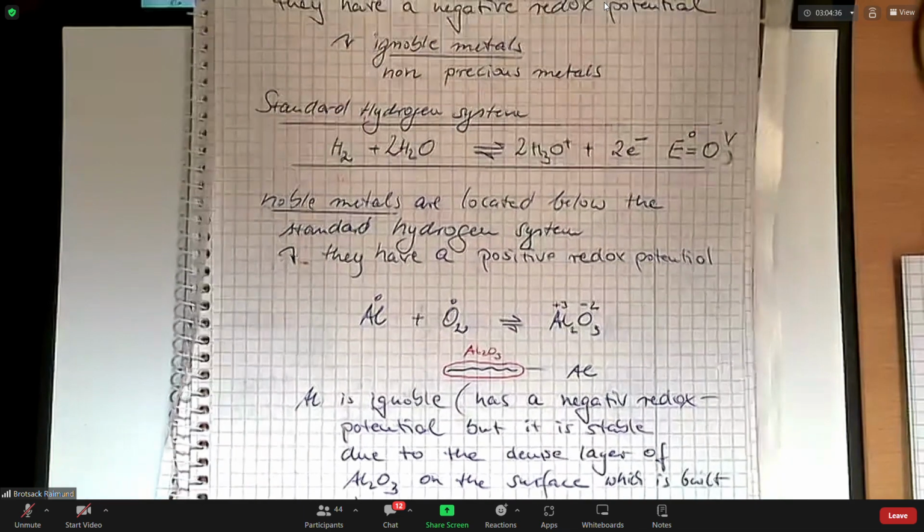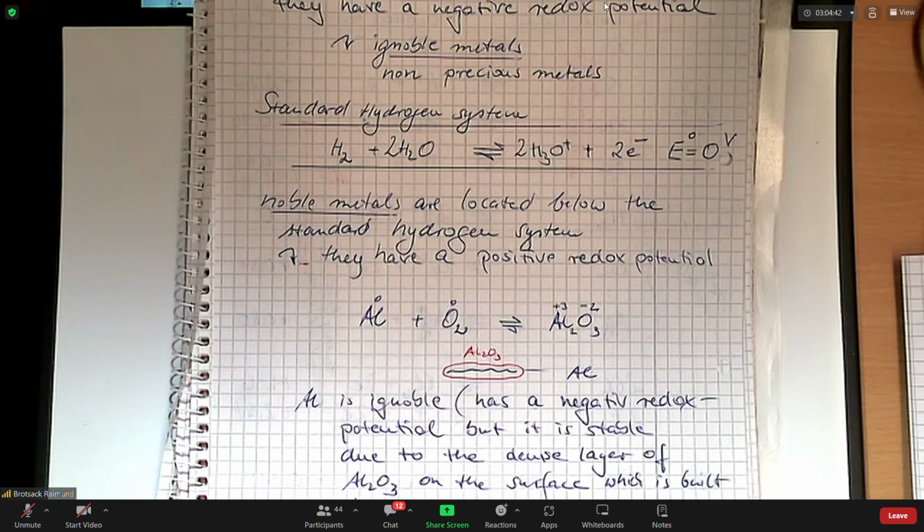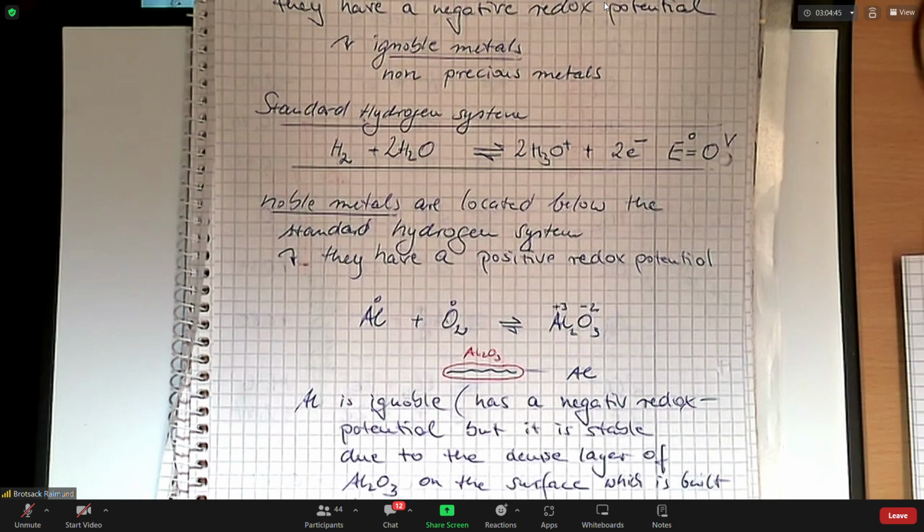So if you tear off a piece of aluminium foil, immediately the new surface is coated again by aluminium oxide, and then it stops. No further oxidation.